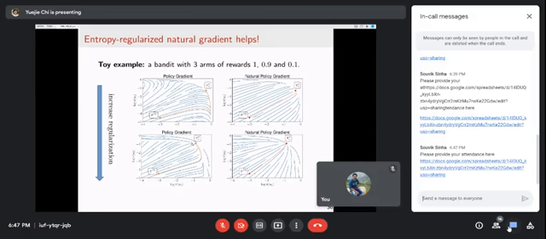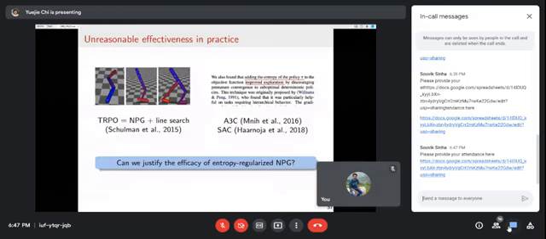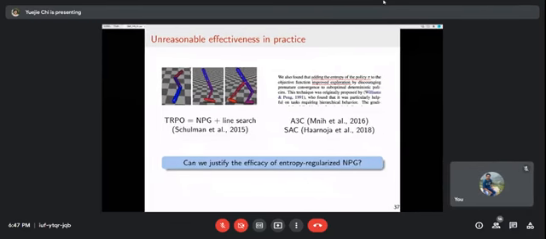Indeed, these two ideas have been very popular in practical problems. A very popular algorithm called TRPO, which is used to train modern RL agents, is nothing but natural policy gradient coupled with a more careful way to set the learning rate through line search.